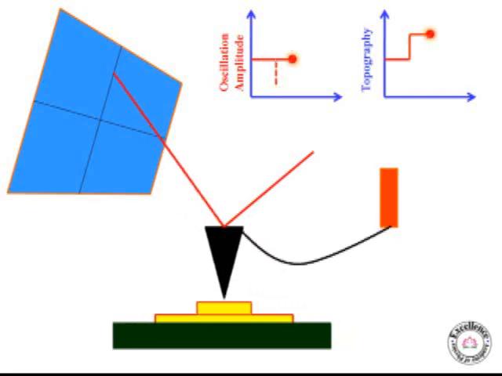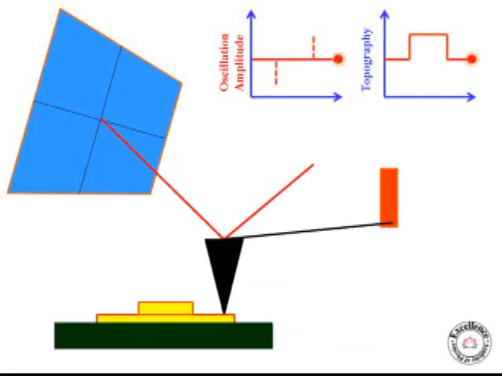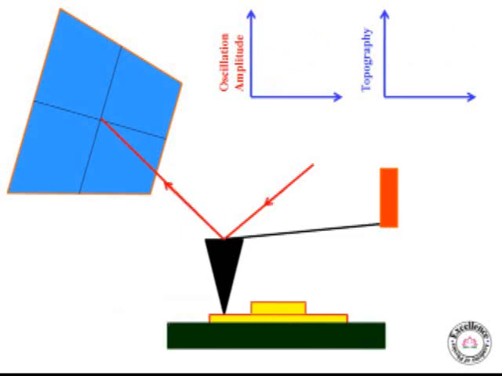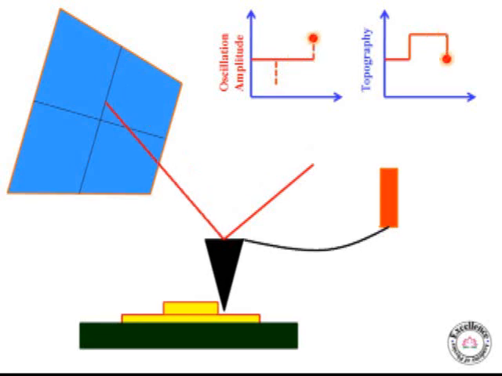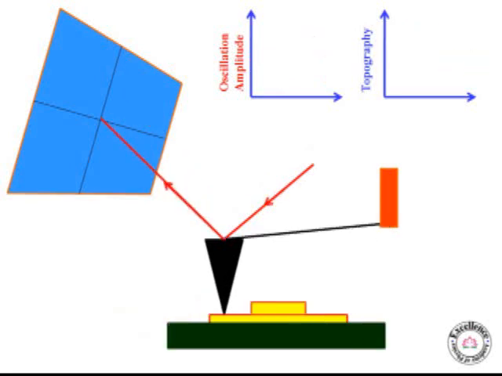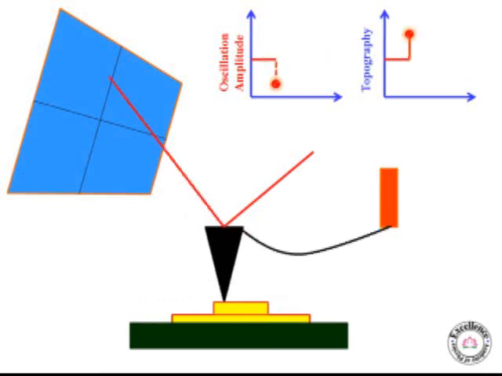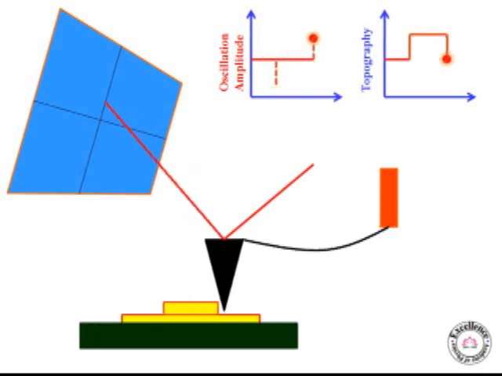It produces modest AFM results but blunts the tip's sharpness at a higher rate, ultimately speeding up the loss of its imaging resolution. We usually use the non-contact or tapping mode for soft samples like biological samples, thin organic films, etc.